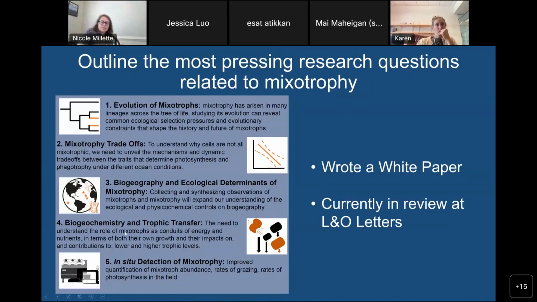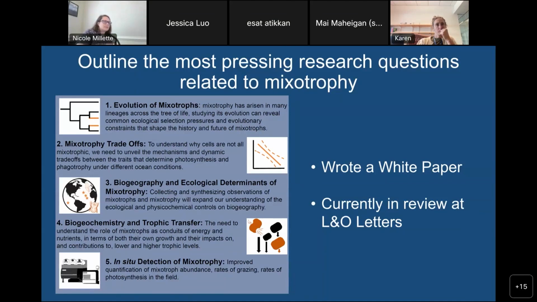And then the final research priority is this emphasis on in situ detection of mixotrophy and mixotrophs, and specifically being able to study mixotrophs in the environment. The way research has been conducted was primarily assuming that you had phytoplankton and zooplankton, and so methods were developed to target those two different groups.